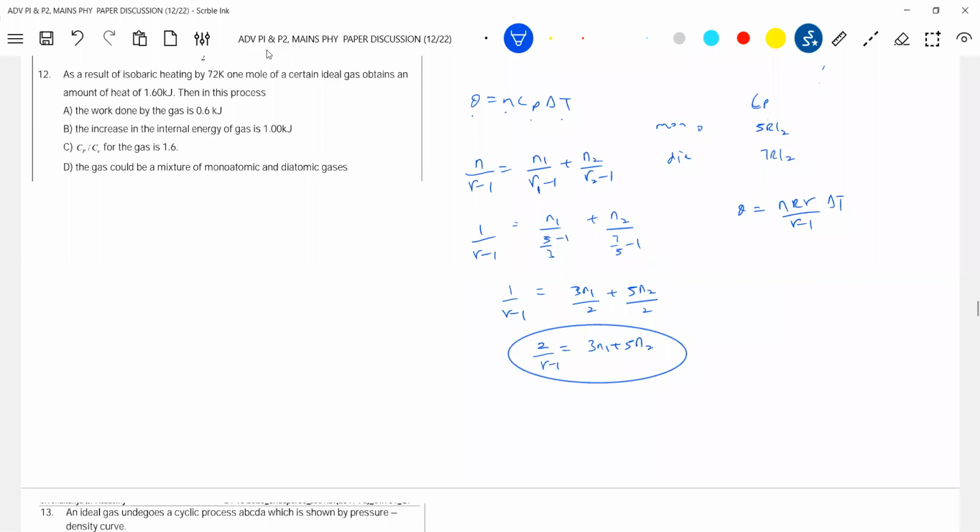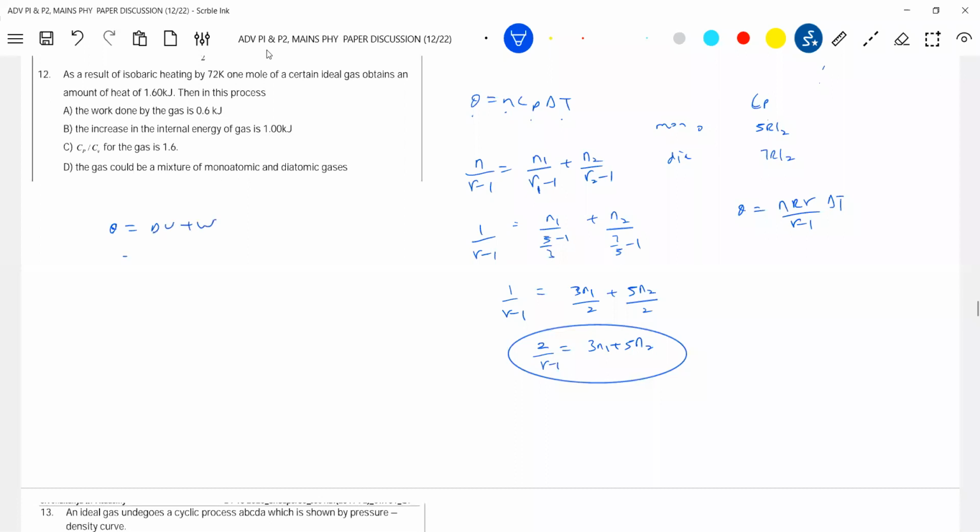Okay, with this, some values of N1, N2. We know gamma by gamma minus 1. Sir, for isobaric process, we can write directly gamma equal to heat supplied by change in internal energy. Q equal to, okay, this one, yeah.